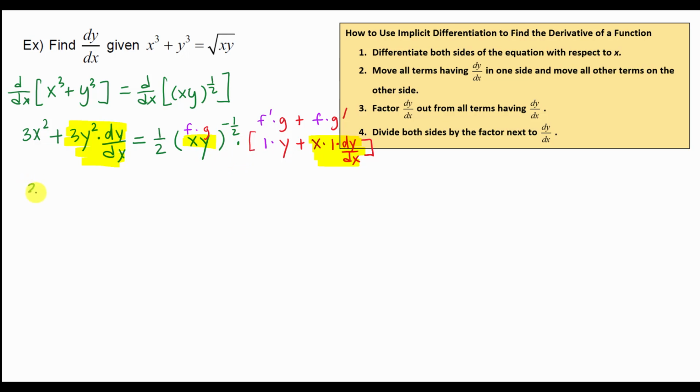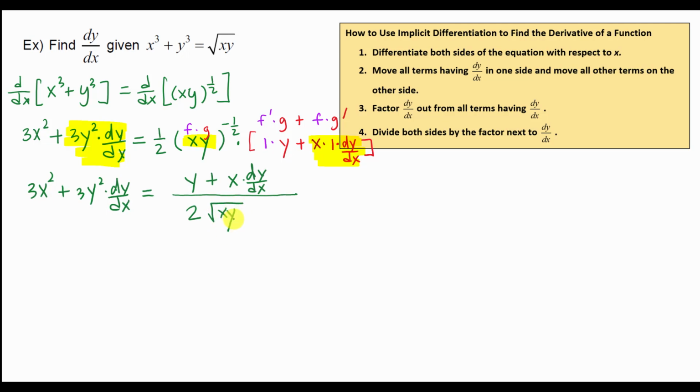I have 3x squared plus 3y squared dy/dx equals, this bracket is a numerator, so I have y plus x dy/dx over, factor 2 is in the denominator, and this xy to the negative 1/2 power is a negative exponent, so when I move it to the denominator it becomes a positive exponent, but 1/2 power is a square root, so I can change back to square root notation.